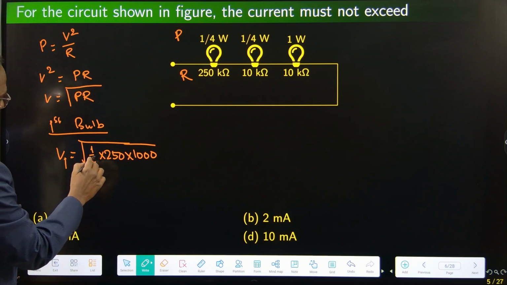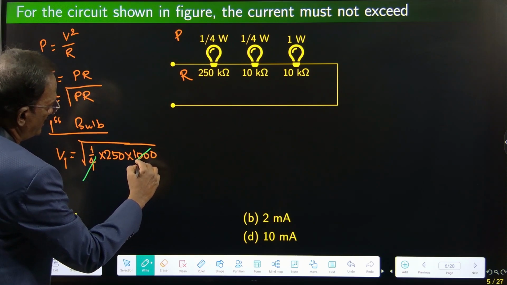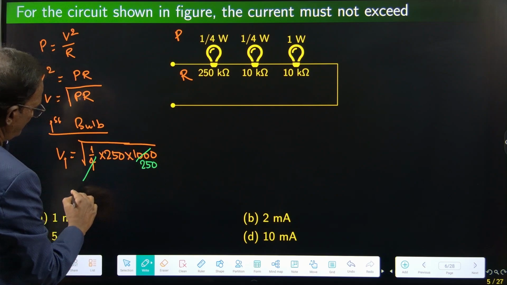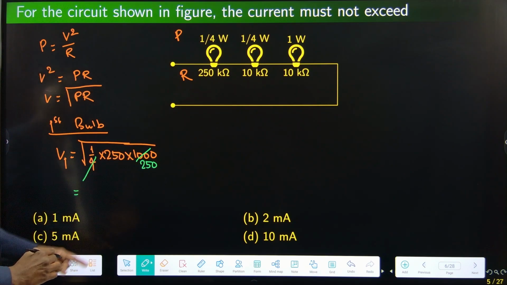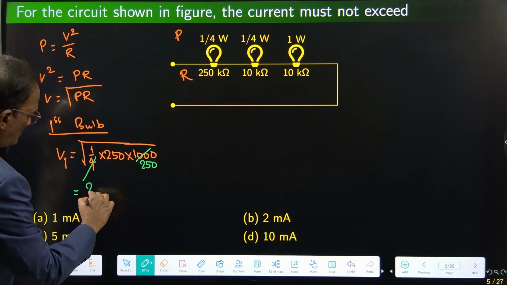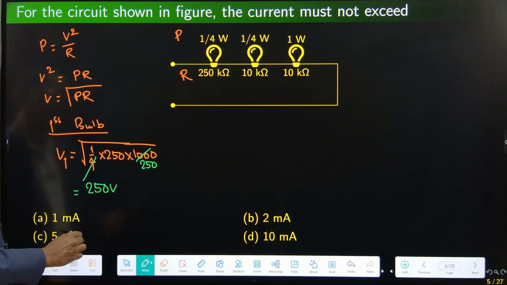So this is 250 into 250 inside the square root. So 250 volts.